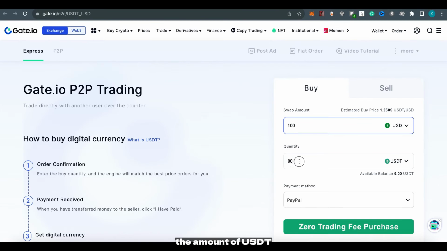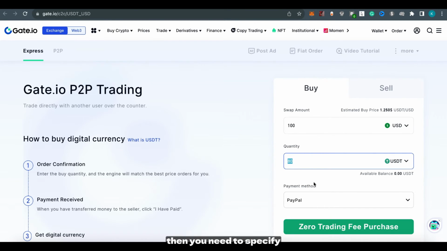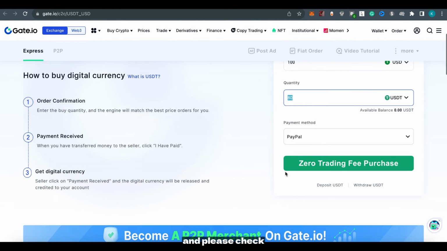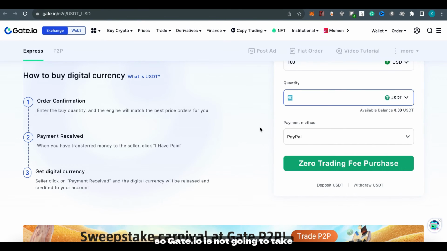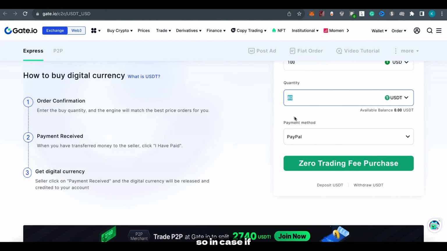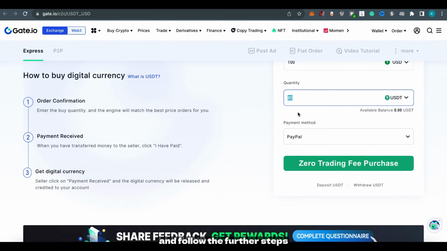And then this is the amount of USDT you will get. Then you need to specify the payment method, and please check out this part. It's called zero trading fee purchase. So Gate.io is not going to take any fee from you while you execute this transaction. If you are satisfied with these numbers, just click this button and follow the further steps.